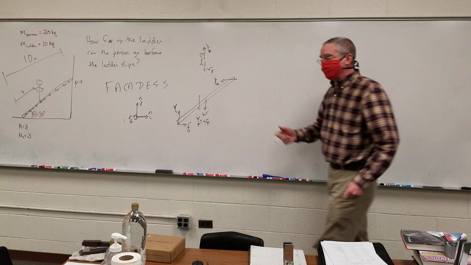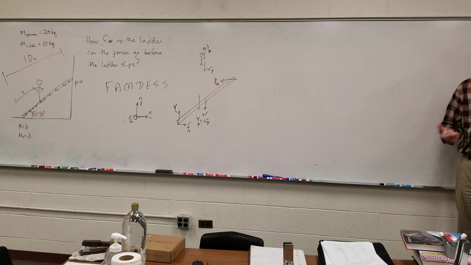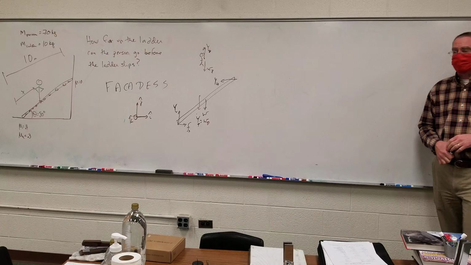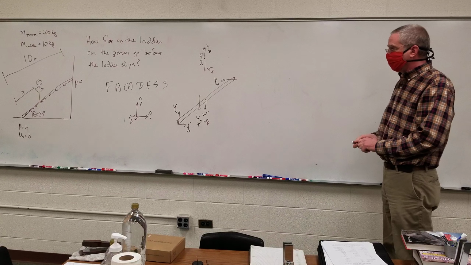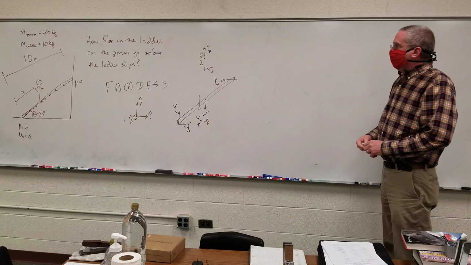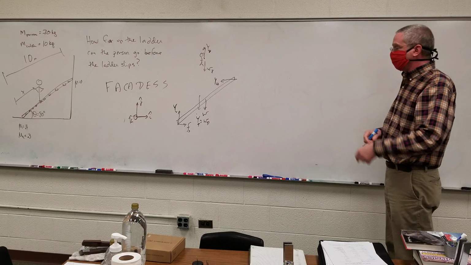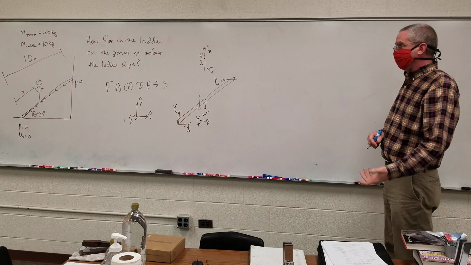All the forces are horizontal and vertical, so it makes sense to stick with horizontal and vertical, and then k is coming out, because this is a three-dimensional problem, even though it doesn't look like it on the surface. So nothing to decompose, because we chose the coordinate system conveniently.